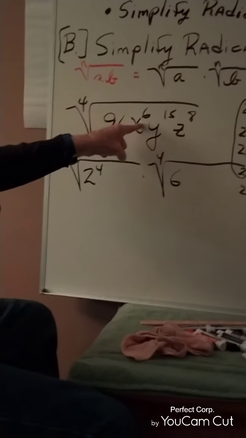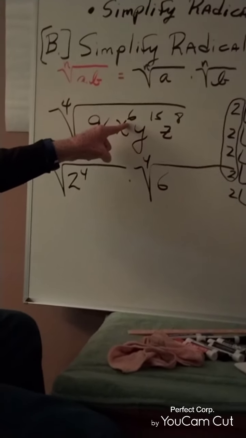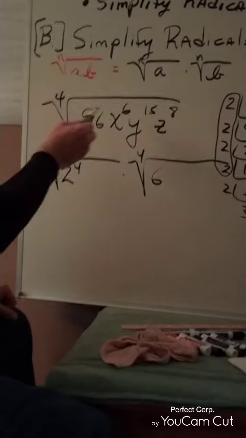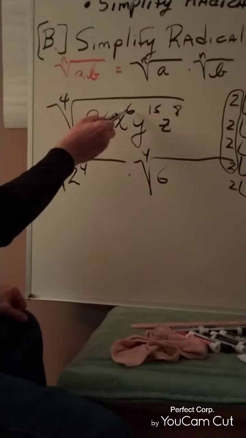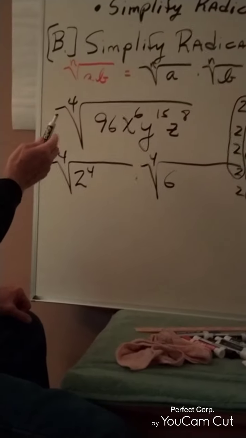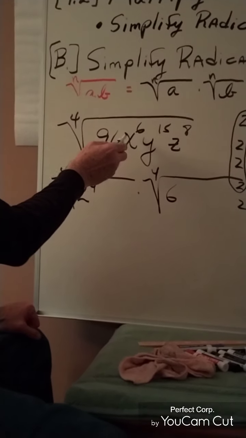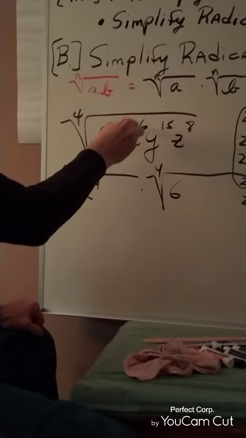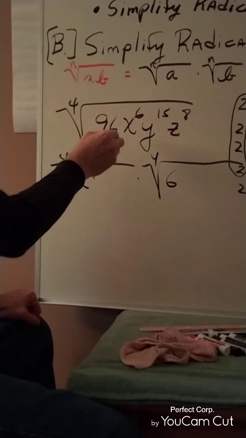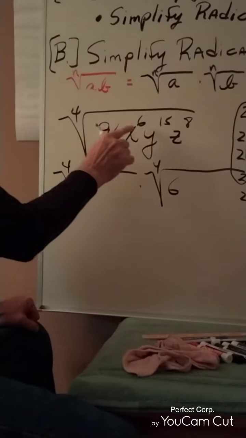Let's go to the variables. X to the 6th. X to the 6th is not a perfect 4th because 6 is not evenly divisible by 4. But there are enough factors of x to generate an x to the 4th.